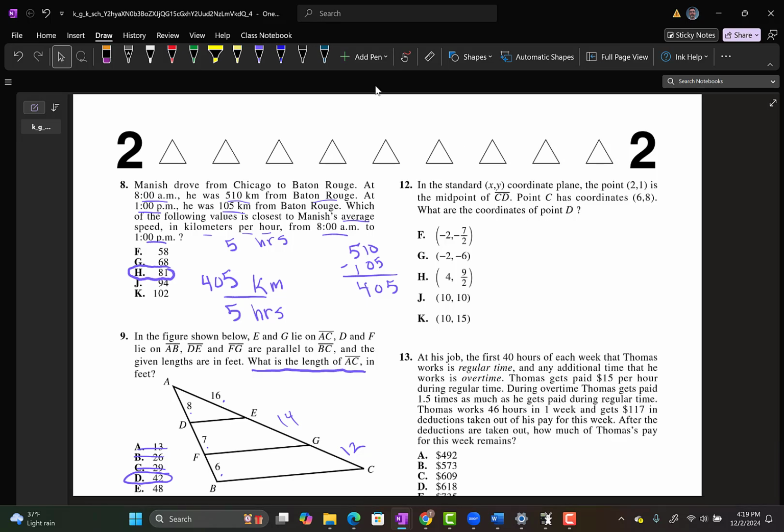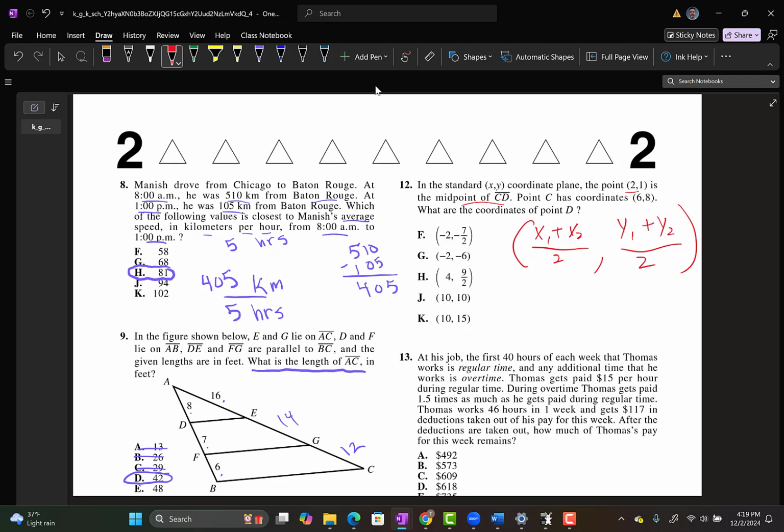Finally, number 12. In the standard coordinate plane, the point 2, 1 is the midpoint of CD. Point C has coordinates of 6, 8. What are the coordinates of point D? So if you remember the midpoint formula, you just take the X coordinates, add them together, and divide by 2. And you take the Y coordinates, add them together, and divide by 2.